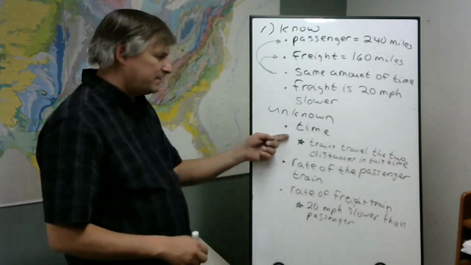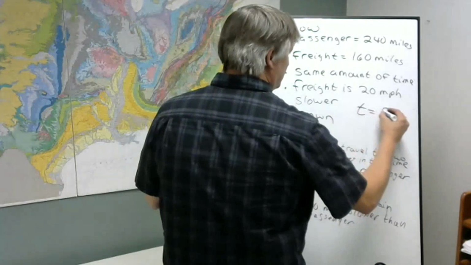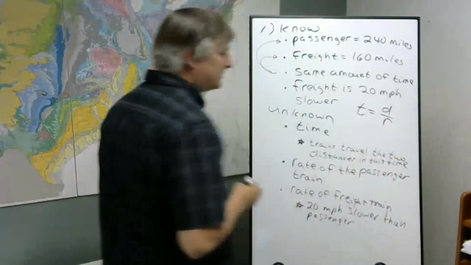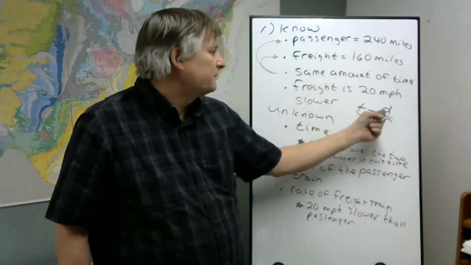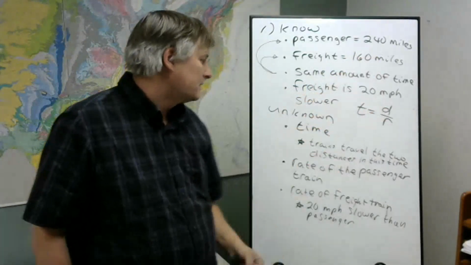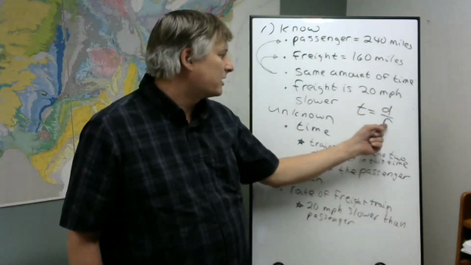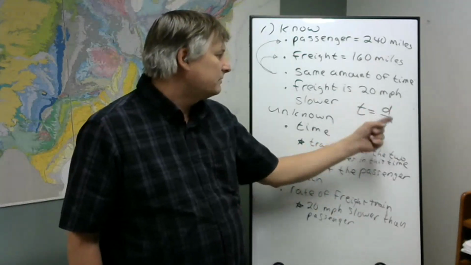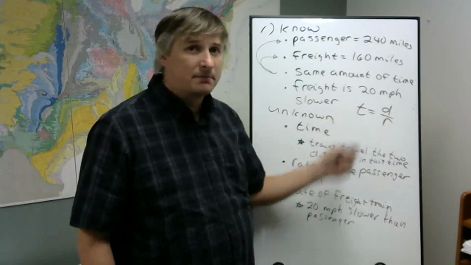Finally, what about time? Well, time is distance divided by rate. We know the passenger train travels 240, so we have this. And if we find the rate of the passenger train, we can put that in for R. So 240 divided by the rate here, if we find it, will give us the time.